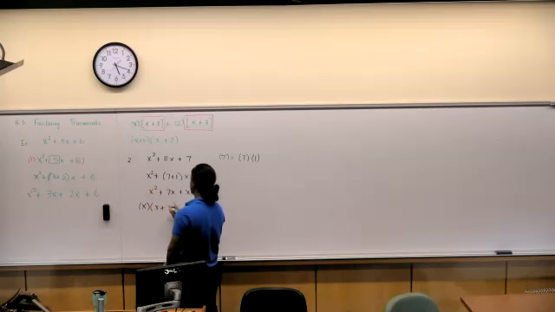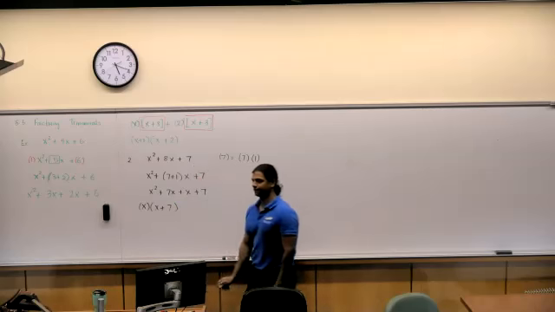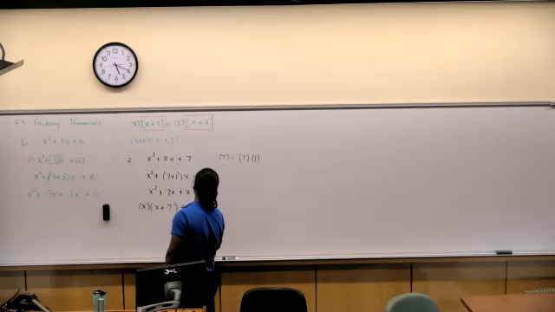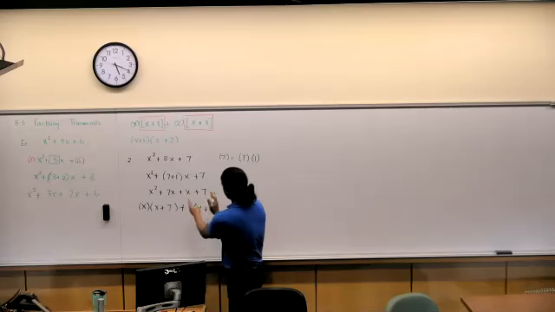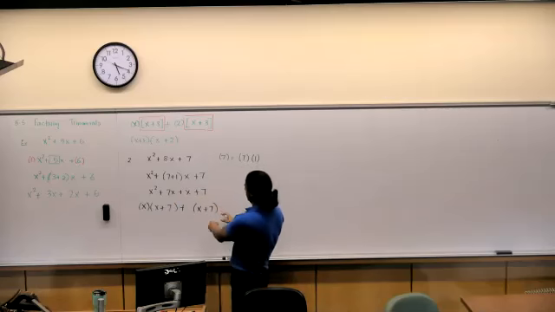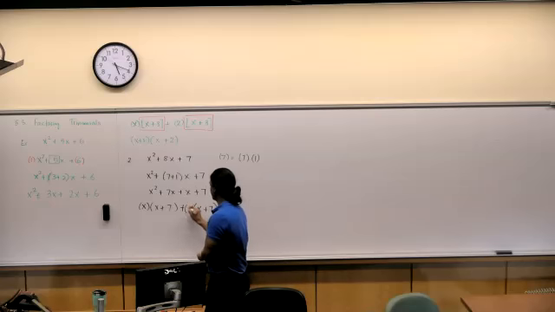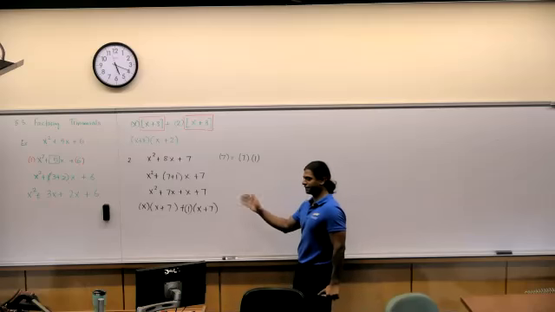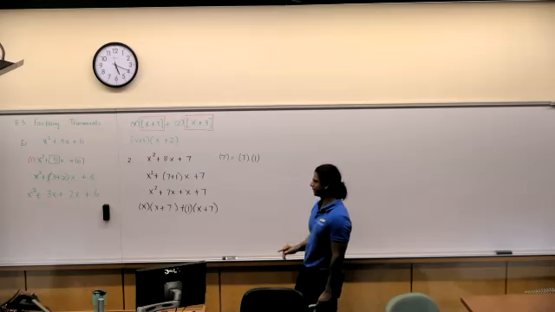X out of 7x, I will have 7. Yes? Plus, I just have x plus 7 left over on the side. It simply means I can throw in 1, because 1 times x plus 7 is x plus 7.